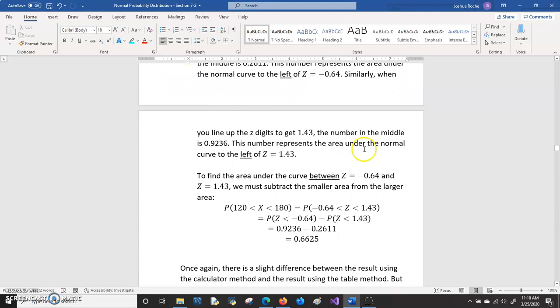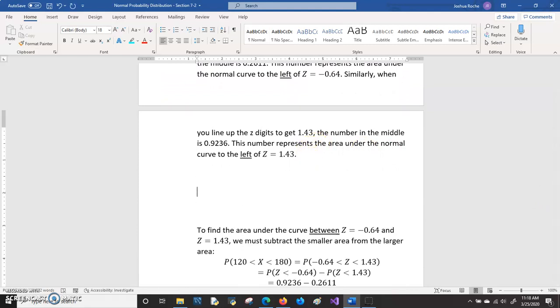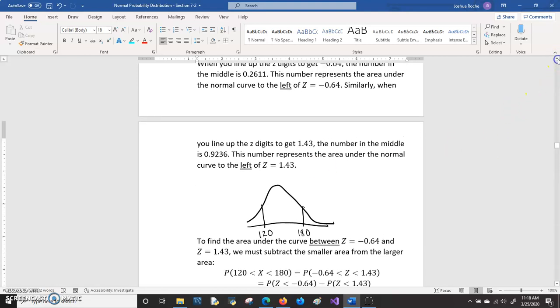Keep in mind that these two values that we got, they represent the area under the curve to the left. Here's our curve. That first value that we got of 0.2611 represented the area to the left of that z-score.